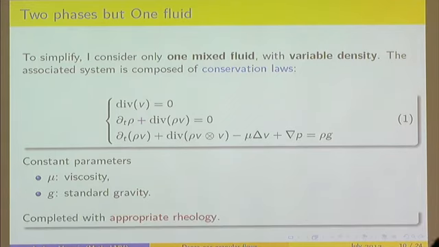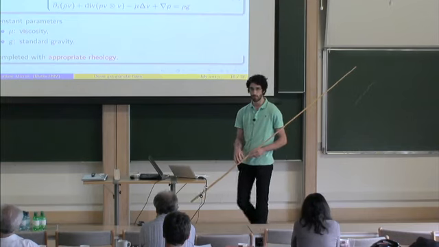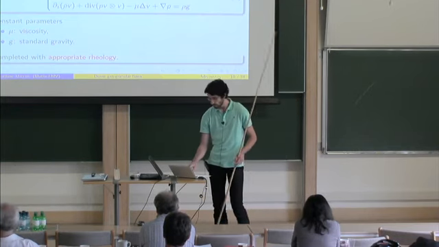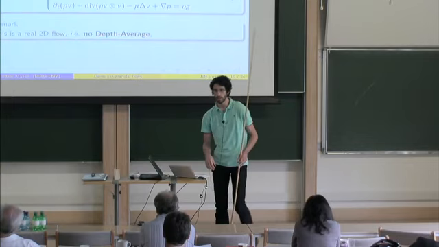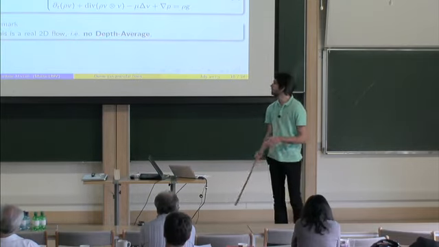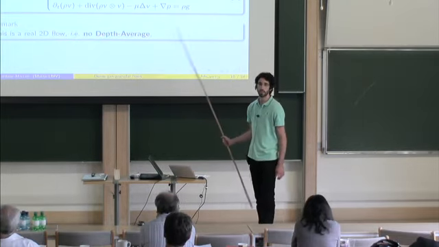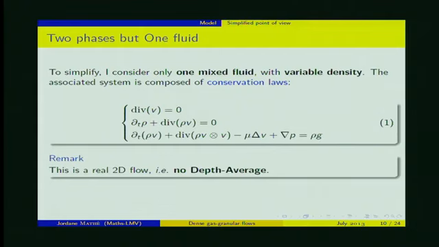So I have to complete it with an appropriate rheology, and that's what I'm doing now. Just recall that there is no depth average here, so no shallow water theory, but it could be done later if I want.